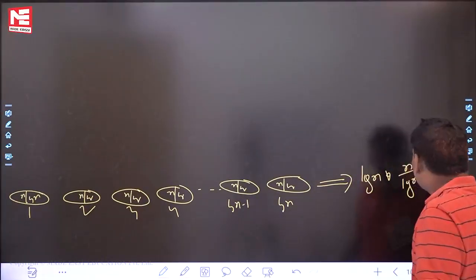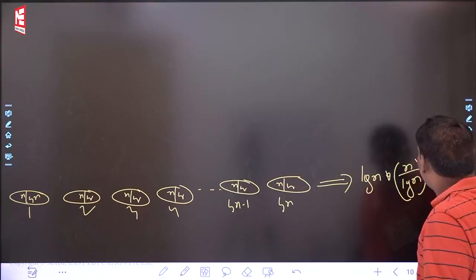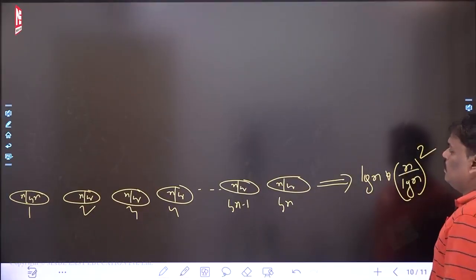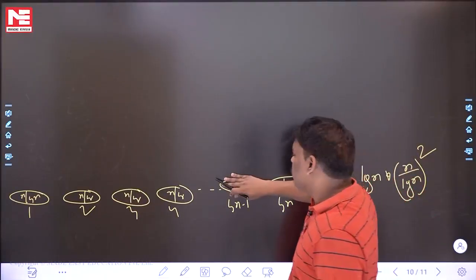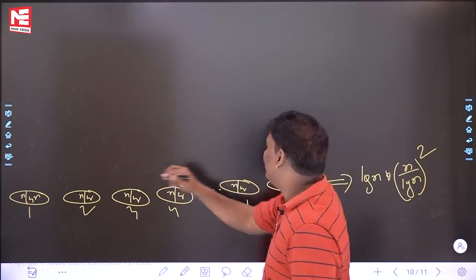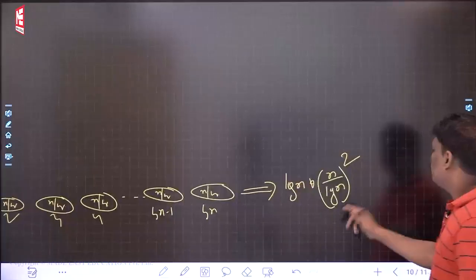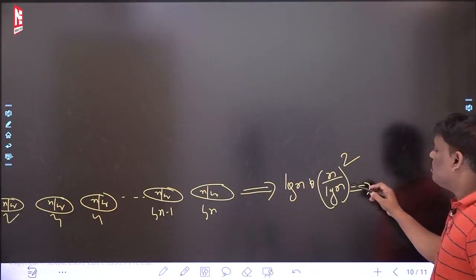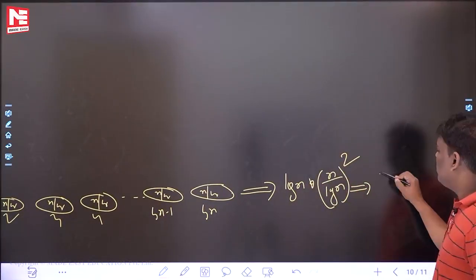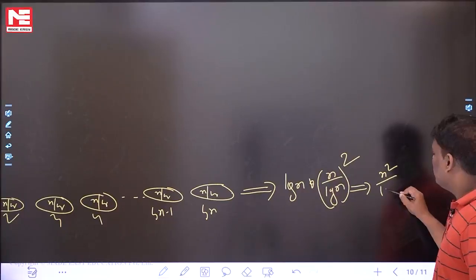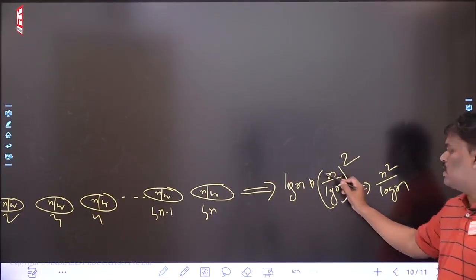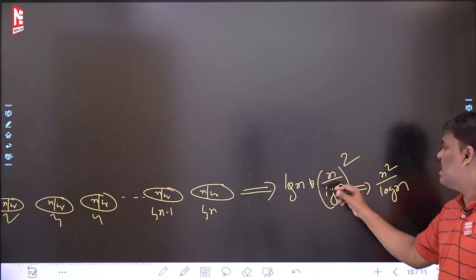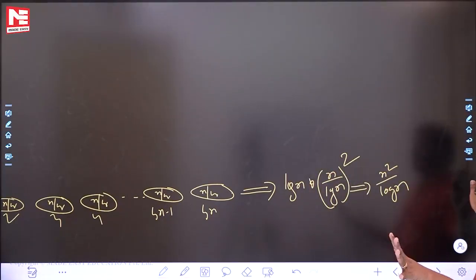N by log n elements, insertion sort will take n by log n square. To sort each group it takes n by log n square, and like that log n times. Now simplify this: one log n cancels, and it becomes n square by log n.